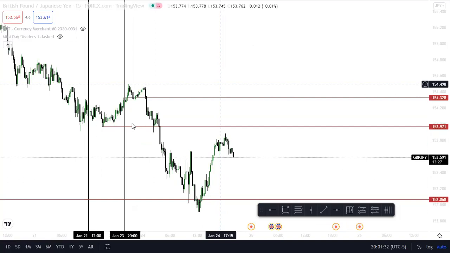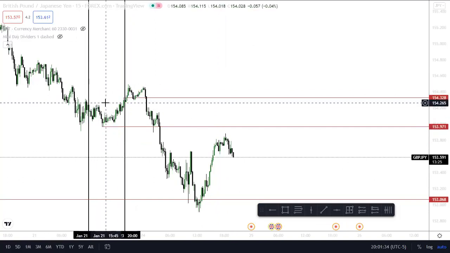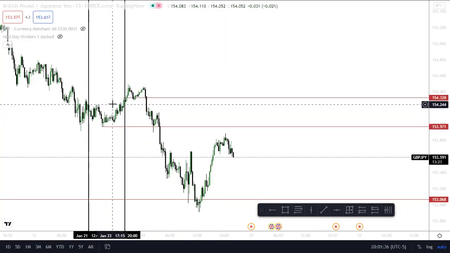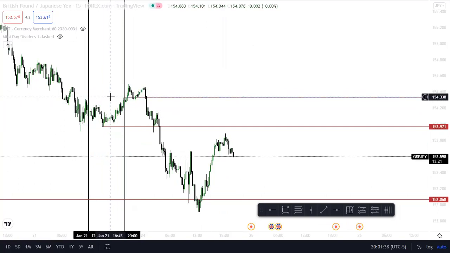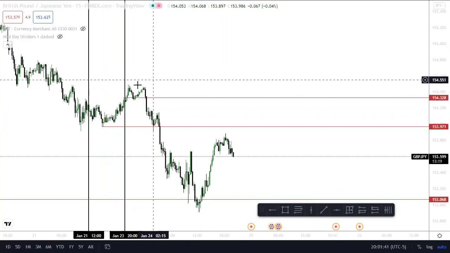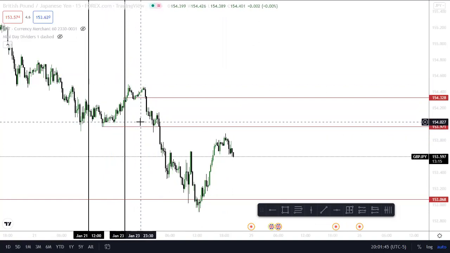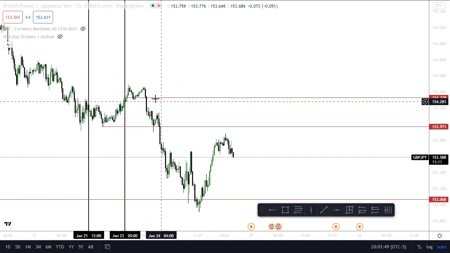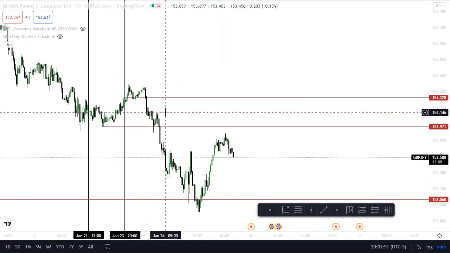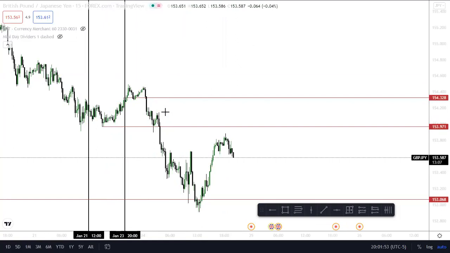What am I looking for? You need a checklist. If this was my plan, what day of the week is it? What's the pip count in the range? Was there a stop hunt? Did we break structure? What time should I get my entry? And let's say I should get my entry at New York opening, and it's now London, and I look at this. If there's nothing, then I'm just going to go back to bed.